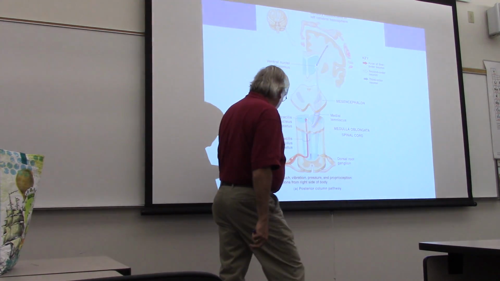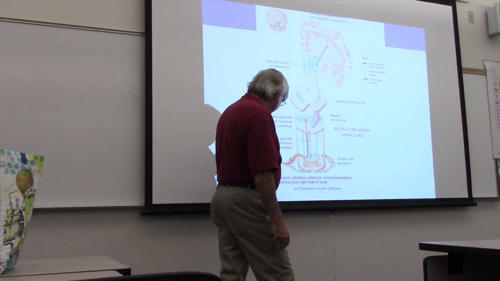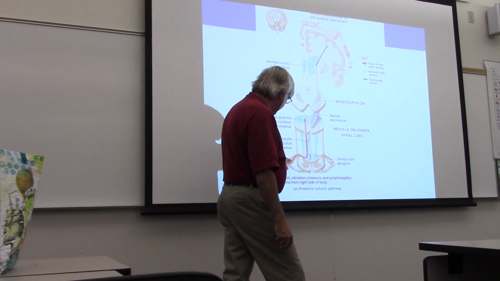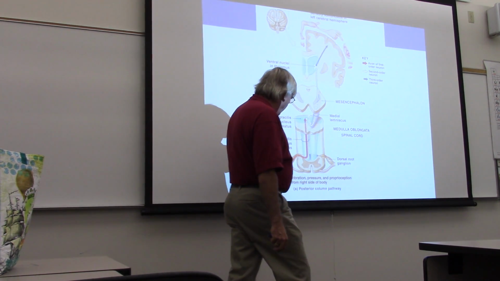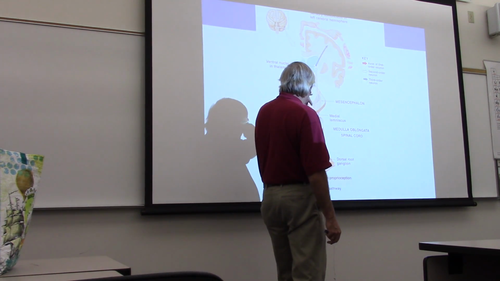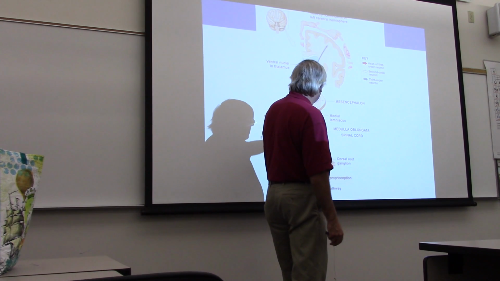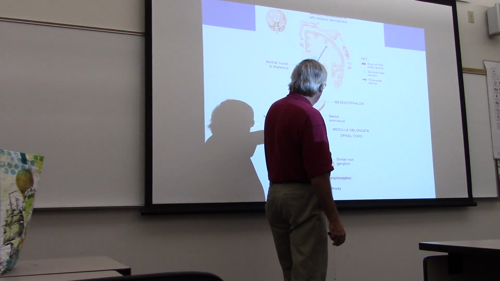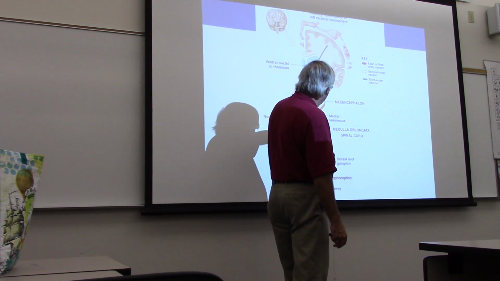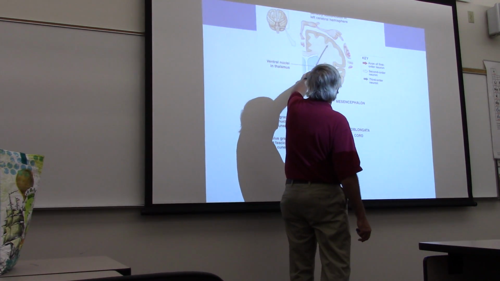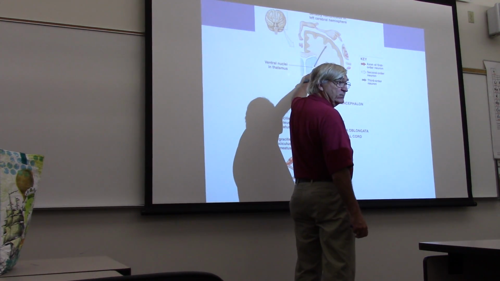So how do those messages get there? Well, they come in here, say fine touch or pain. They come in here, here's the dorsal root ganglion. They carry on, in this case, they go up the spinal cord somewhat to the nucleus gracilis, which I believe is in the medulla. They synapse here, here's the second order neuron, comes across, goes to the other side, goes up to the thalamus.